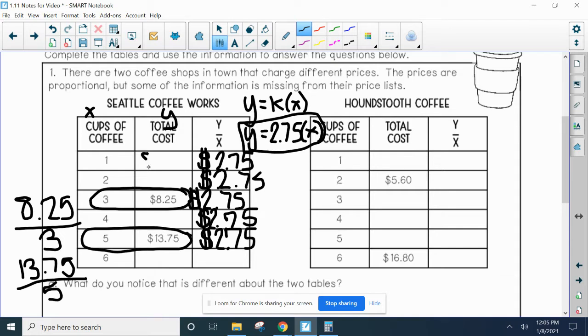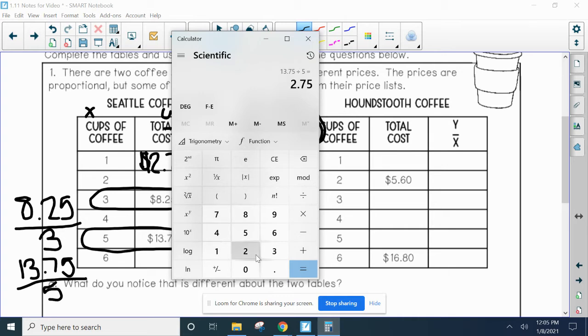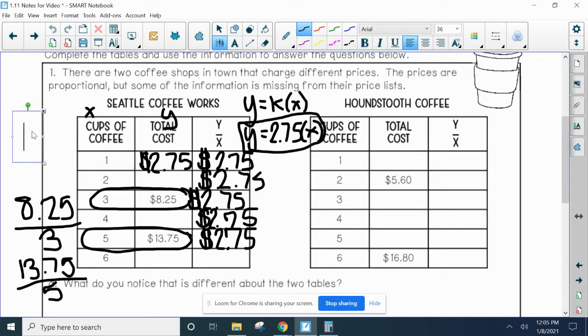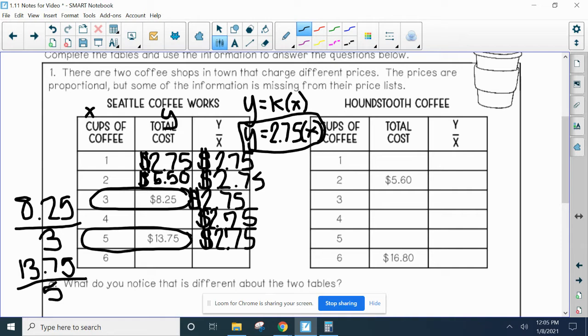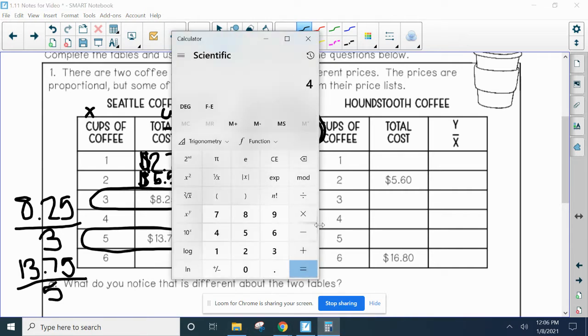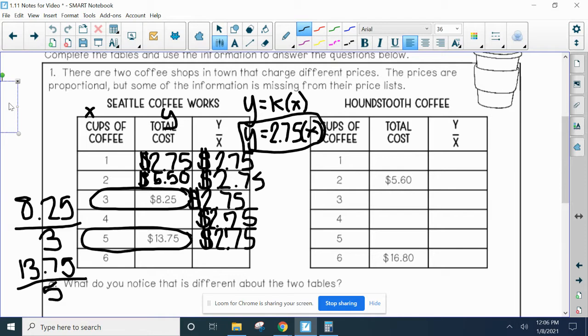So 1 times 275 tells me that the total cost of 1 cup is 275. Then we can say 275 times 2 cups is going to leave us with 550. We already figured out 3. We can say 4 times 275 per cup, it's going to be $11.